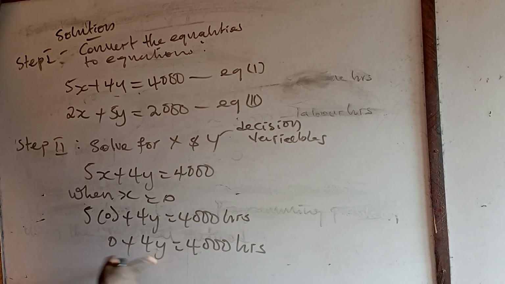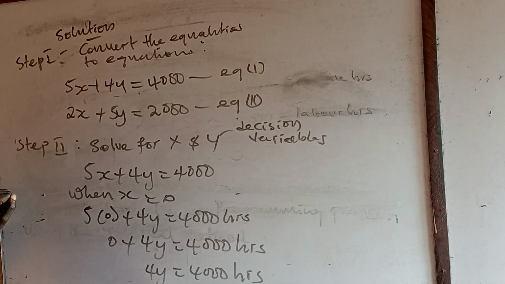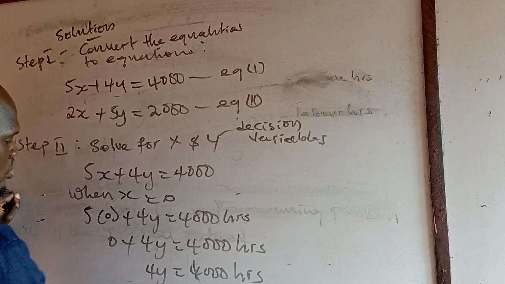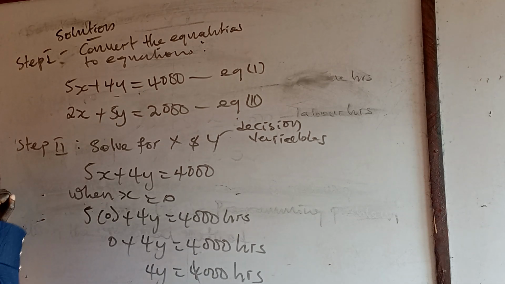So this gives us 4y equals 4,000 hours. We divide both sides by 4, so we have y equals 1,000 units.